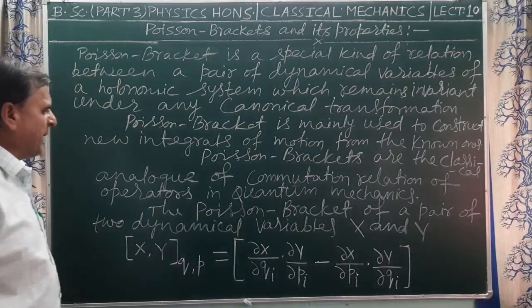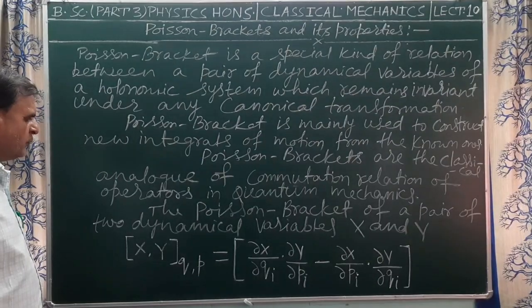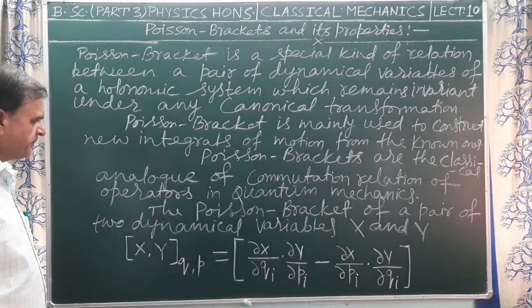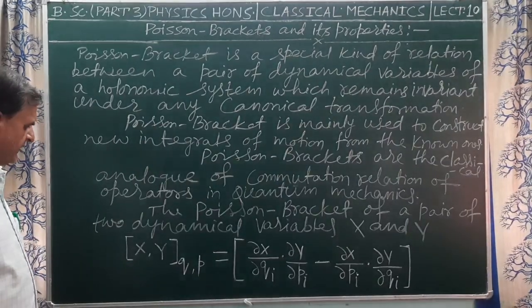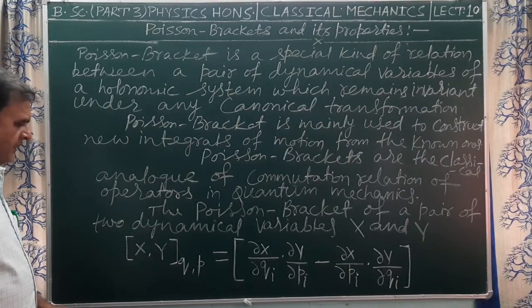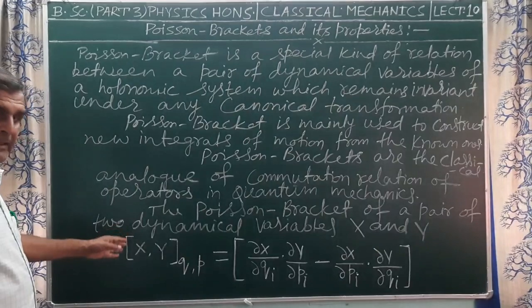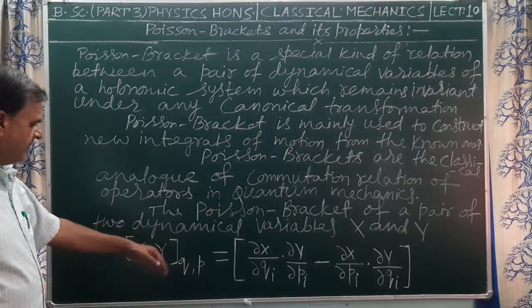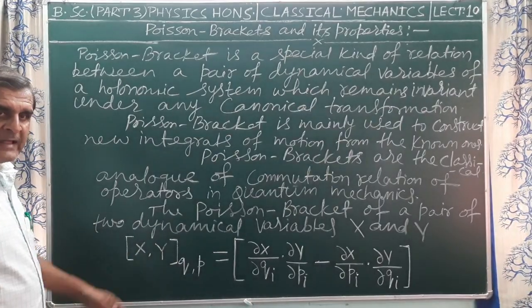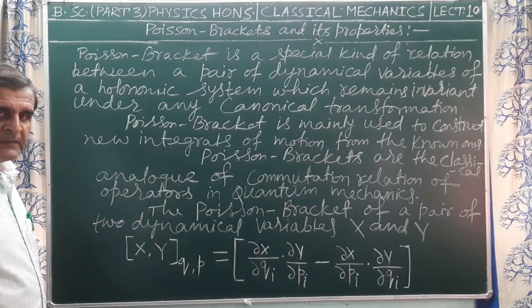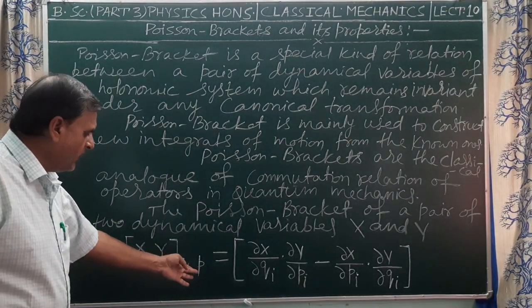So the Poisson bracket of a pair of two dynamical variables X and Y can be expressed as the square bracket [X, Y], both being functions of position coordinate q and momentum p.